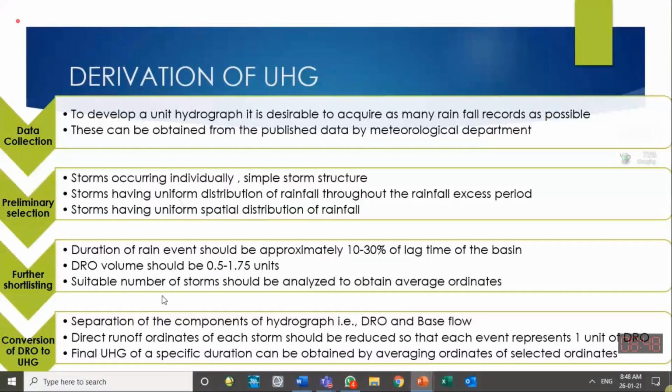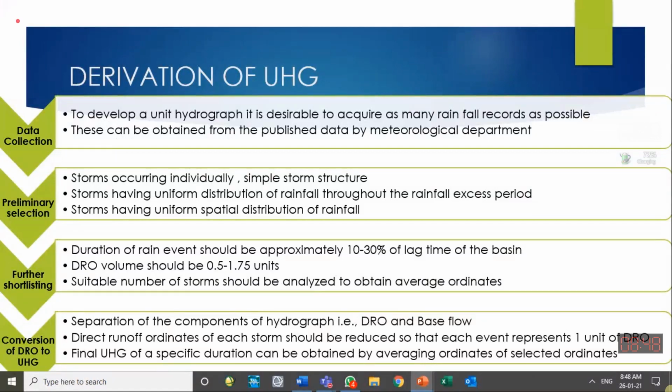Derivation of the unit hydrograph: these steps we have done. I will just repeat it in a quick way. To develop a unit hydrograph, it is desirable to acquire as many rainfall records as possible for the same duration storm. So first we decide for which duration storm is important for us. Time of concentration will help you in this way.